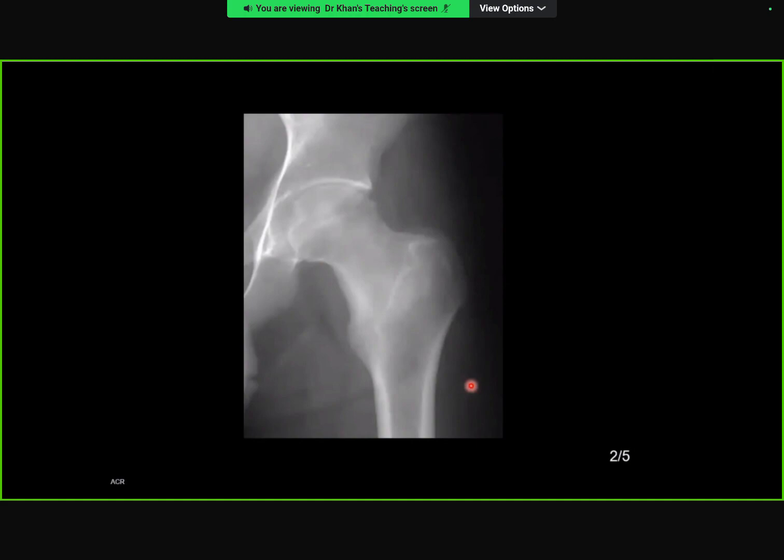So within that, there's a lucent lesion at the inferior aspect with some. You're talking about this aspect? Yes. Okay, look somewhere here, please. The quality of the film is.